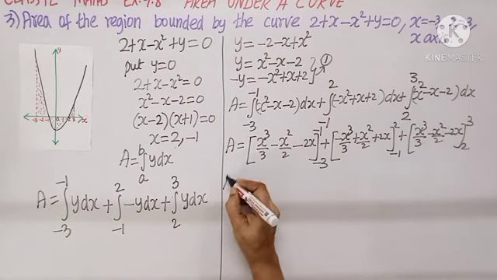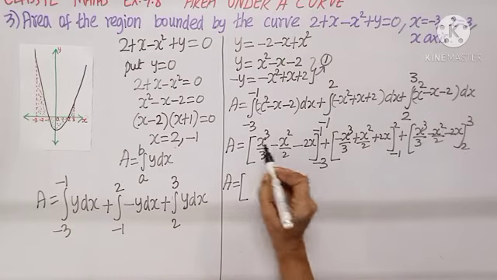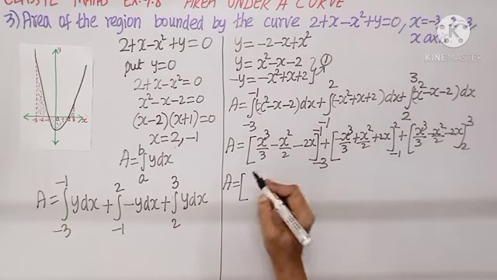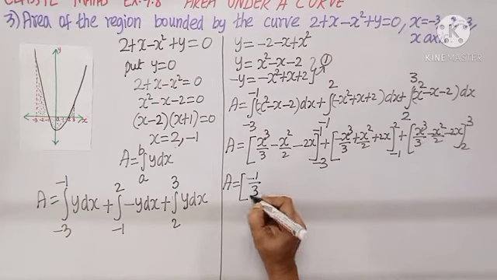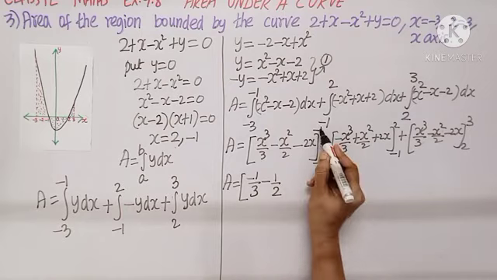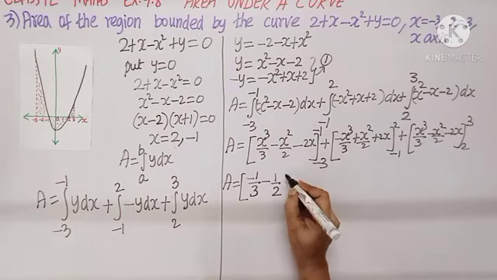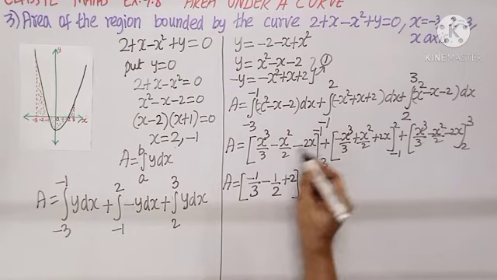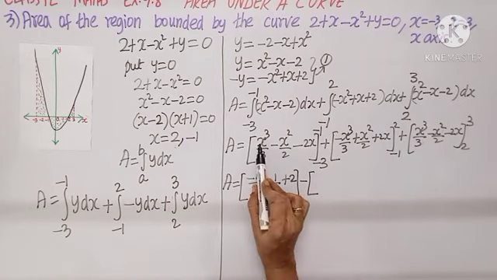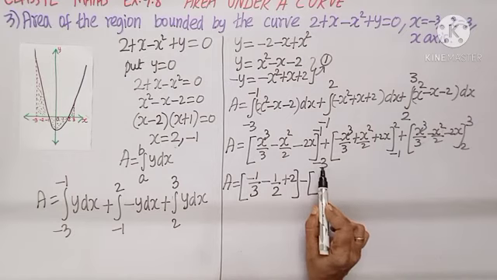As we apply the limits, A equals, wherever x is coming, put minus 1. Minus 1 cube is minus 1 by 3. Minus 1 square is 1 by 2. Minus 1 into minus 2 is plus 2. Upper limit minus lower limit. Wherever x is coming, put minus 3.